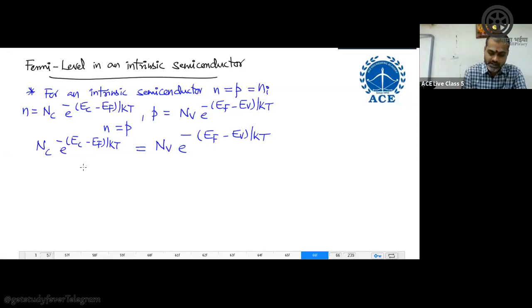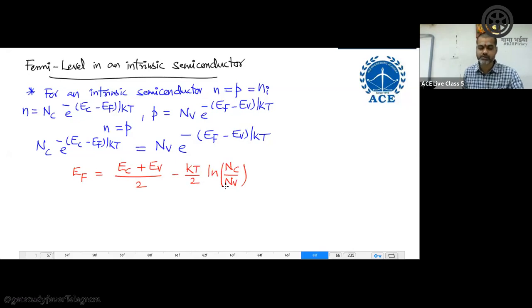Okay, so I'll write here. You will get Ef is equal to (Ec plus Ev) divided by 2 minus (Kt by 2) ln of (Nc by Nv). This is what you are going to get. Or if you take Nv by Nc, then you can write it as plus here. That is the difference.